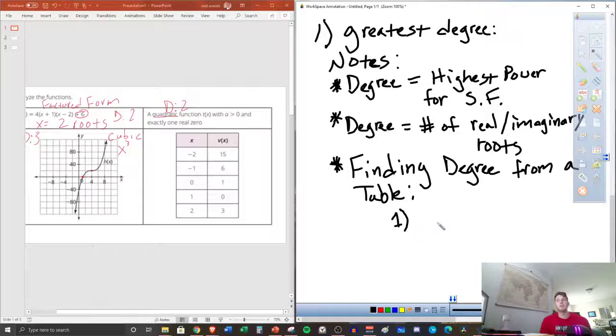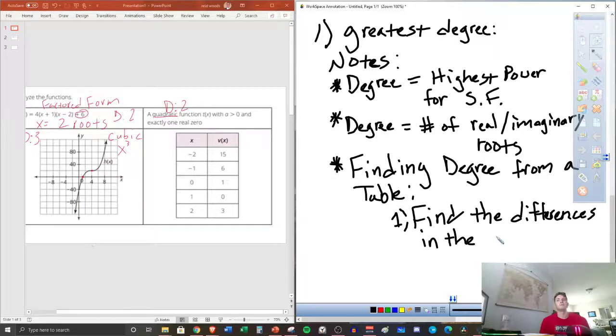First step, you need to take differences. Let me actually rephrase that. Find the differences in the y values. Okay, now the y values show up over here.